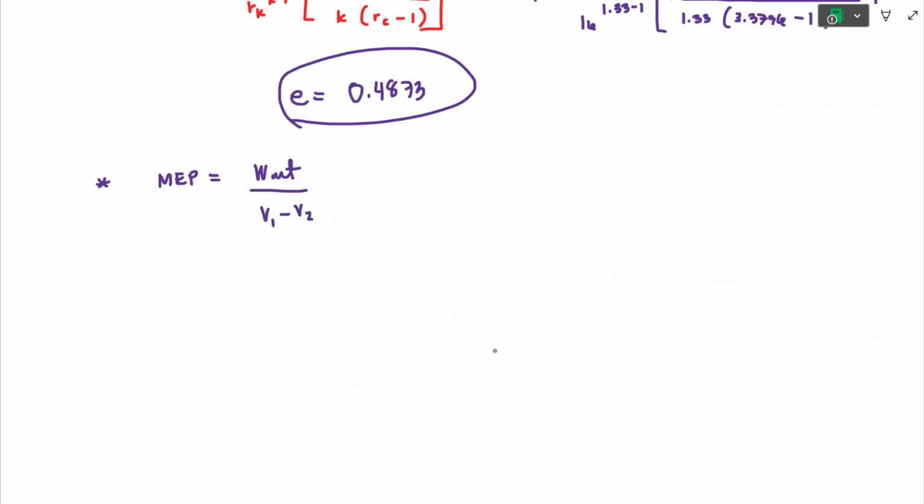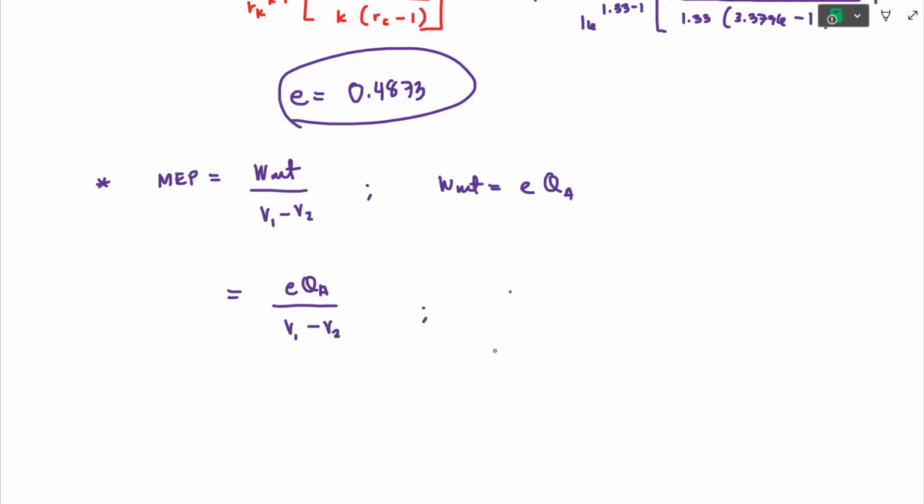So, pwede ko bang masolve si MEP using yung efficiency natin? Yes, pwede. Recall mo na ang work net simply is equal to E times QA. So, pwede kong palitan dito yung work net. So, E QA divided by V1 minus V2.